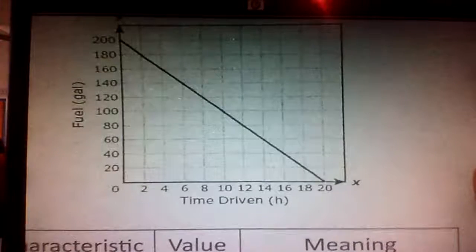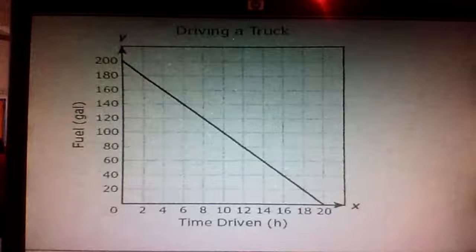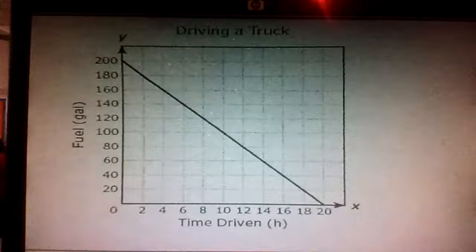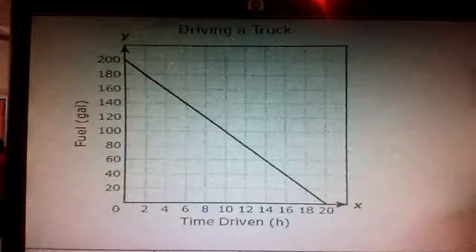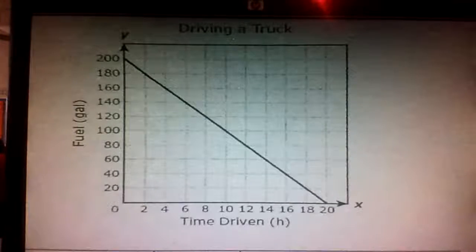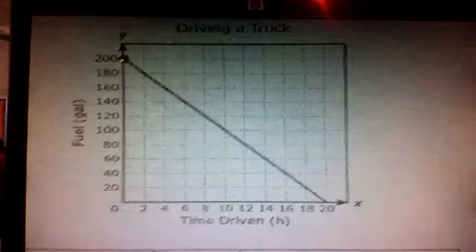All right. Take a look at this one. This time they gave us a graph. Driving a truck. Your starting point is 200. Okay. So Brenda says my starting point is 200. So that's my y-intercept.